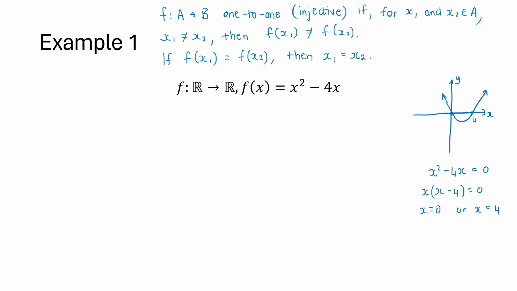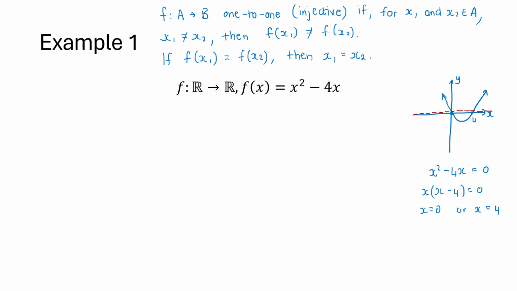One of the tests that we did very much earlier, I think already in high school, was the horizontal line test. So if we could draw a horizontal line through the graph and it cuts the graph in more than one place, it means the height is actually repeated.